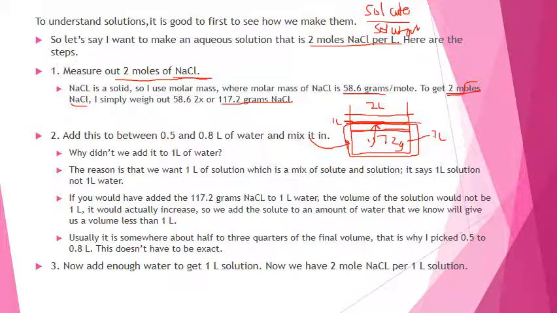Take whatever your volume is, take somewhere between 1/2 and 3/4 of it, add your appropriate amount of solute, mix them up, and then bring it up to the appropriate volume. And by the way, we wouldn't use a beaker to get the final volume. We would use a volumetric flask, more than likely.